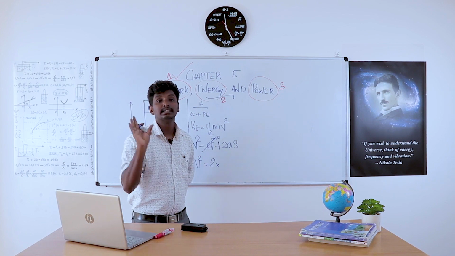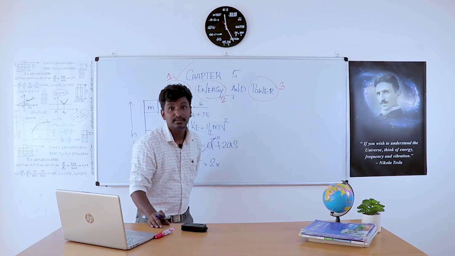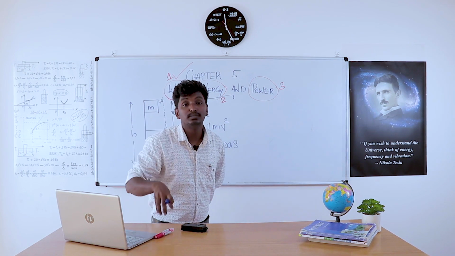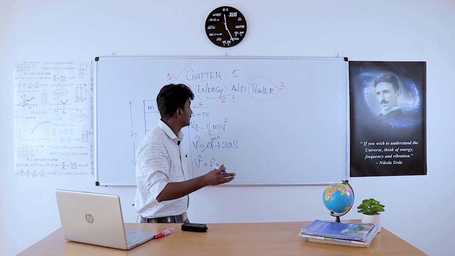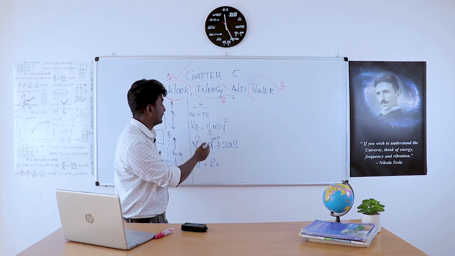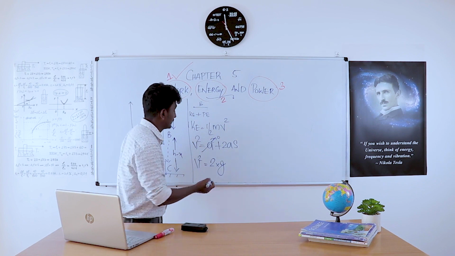That you already learned in the chapter gravitation, that the acceleration acting on an object under free fall is called acceleration due to gravity, written as g.